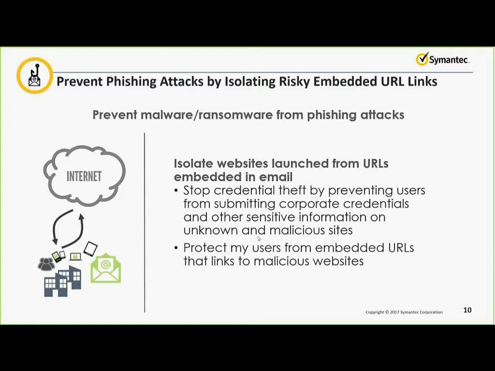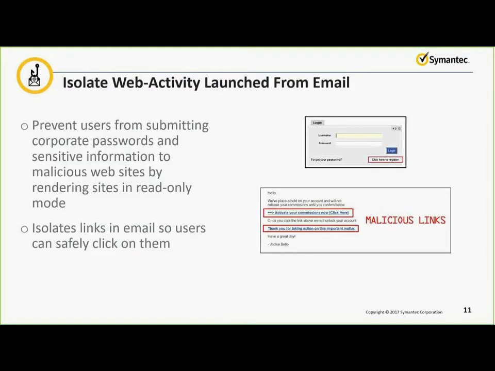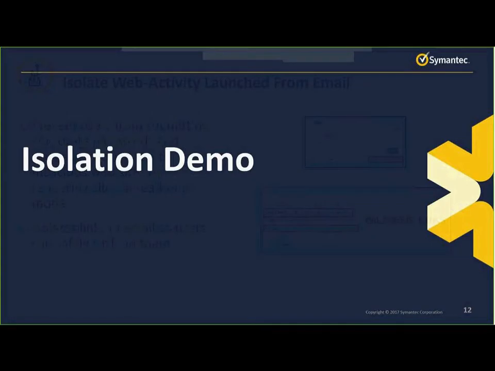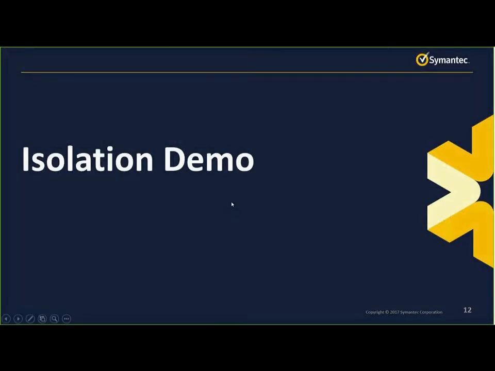So if the user does click these links, they're actually sent to an isolated view of that website, just to protect their endpoint from any malicious content. And there's an example of what that would look like. So we can jump in the way of this traffic and interact with the user. So what I'll do now is jump into a demo, unless there's any questions so far, we can take questions.